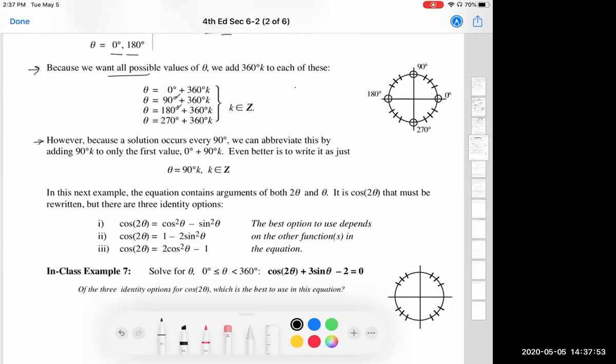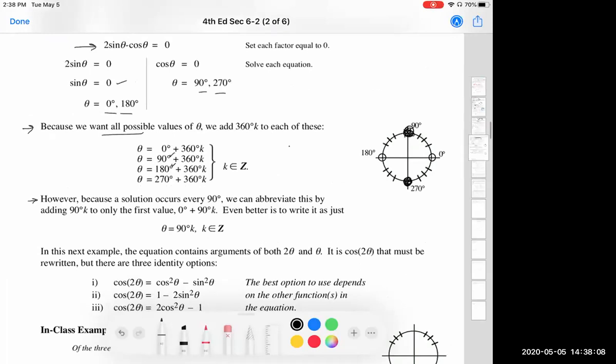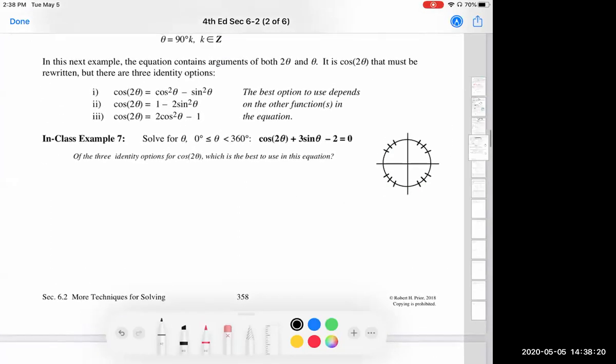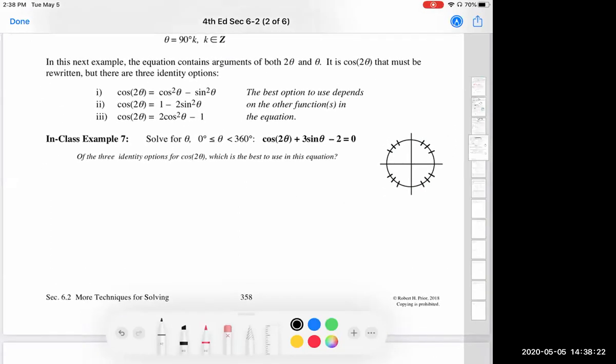You see 90 and 180? Well, mainly 90. 90 happens here, and it would repeat also here for when cosine is equal to 0. So it's saying if you want to write less, you can go ahead and change it because you see that those answers repeat. But if you don't catch it, that's not a major worry.